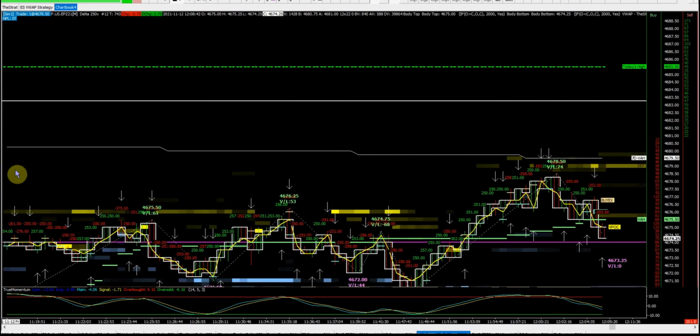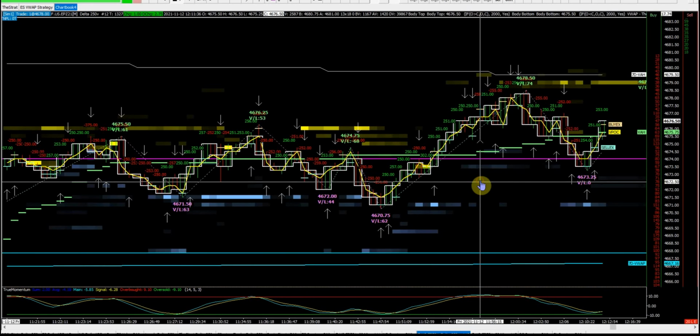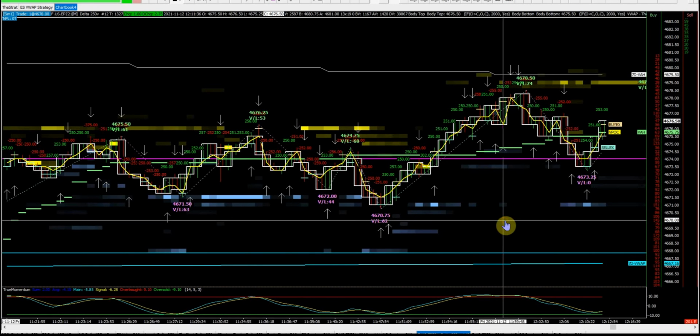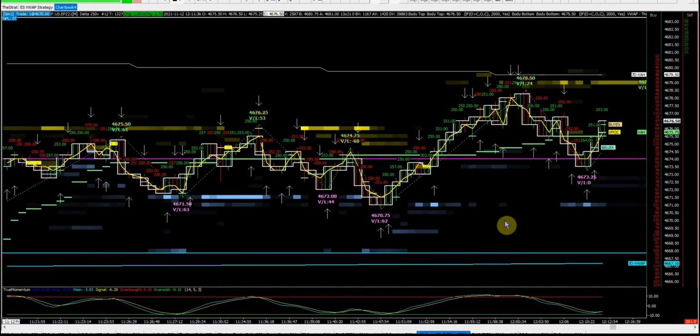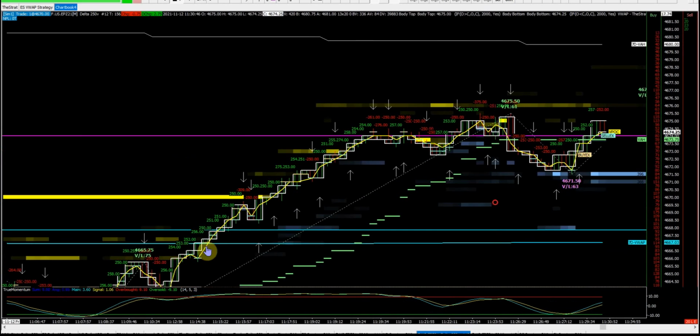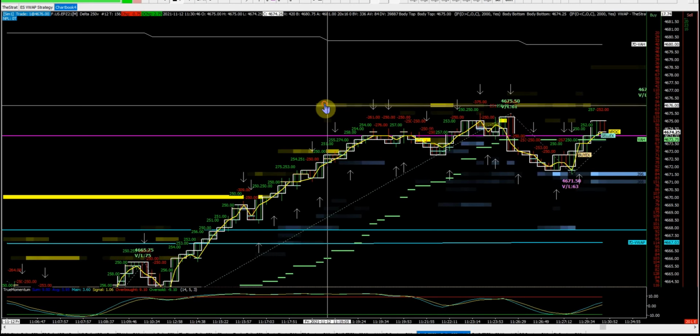You had this little price action in here that you could ignore or not, whatever you wanted to do. You could have gotten out when you started seeing this stuff right in here, because you've got all these resting orders sitting up here, which is bounding the market at 76.